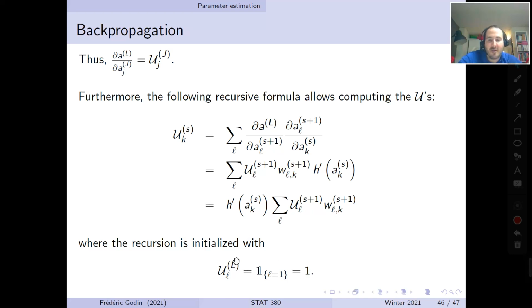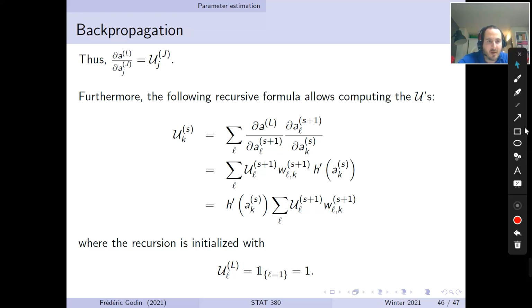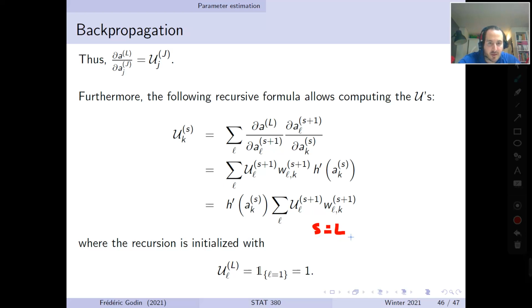And then once you have the value for capital L, you can use the following recursion to get values for all previous layers. Okay, so if you use s equal to L minus 1, then here s plus 1 is capital L. So if you know values for u^L, you would know values for u^(L-1).